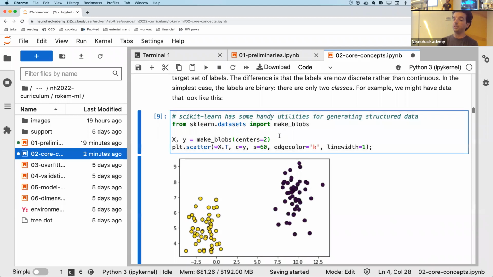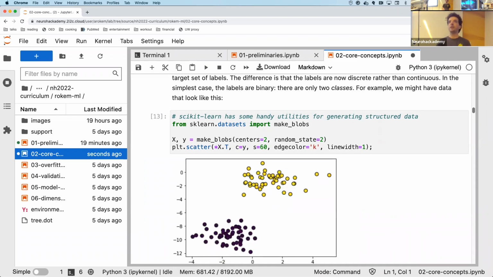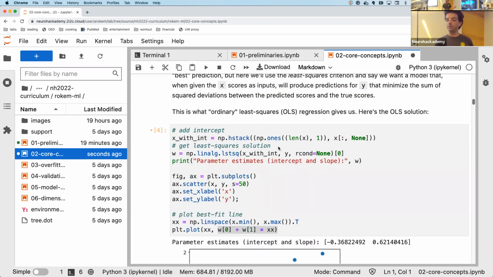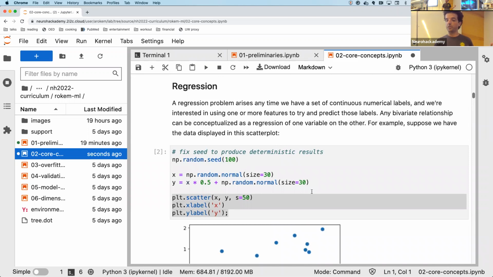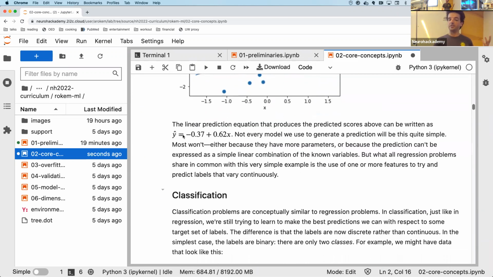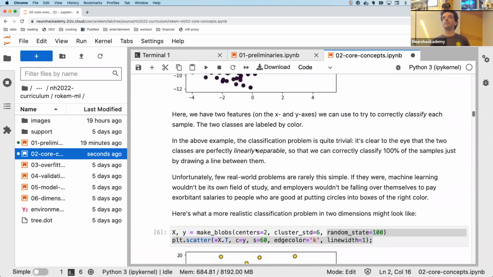But if I do set the random state, then I know that it's always going to do the same thing. It's very handy for tutorials, for example. Here we also set a random state up here somewhere. I also fixed the random seed here, so that I can write in here that this is the equation, because I know I ran this before.